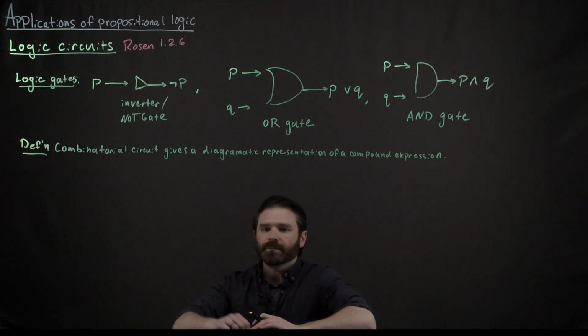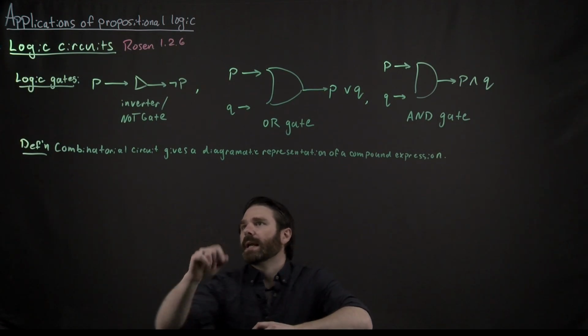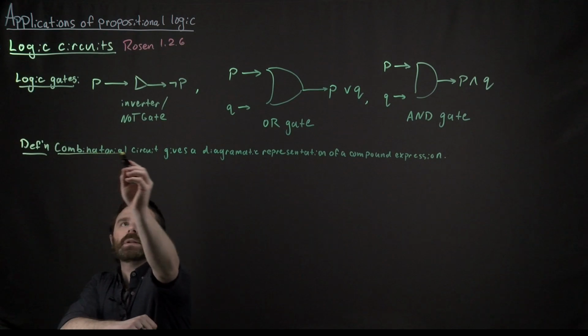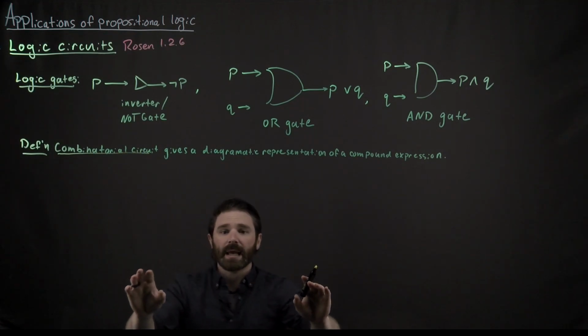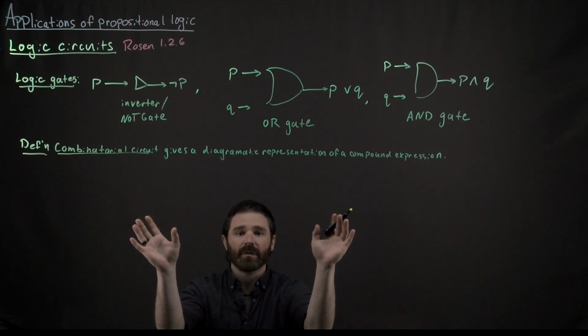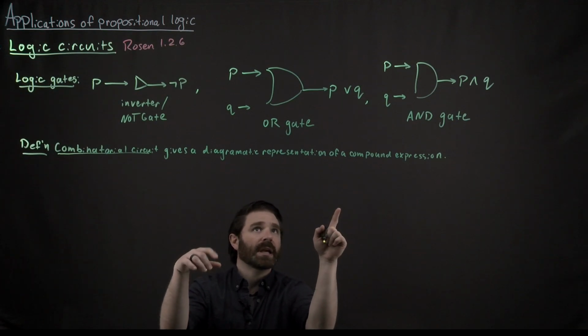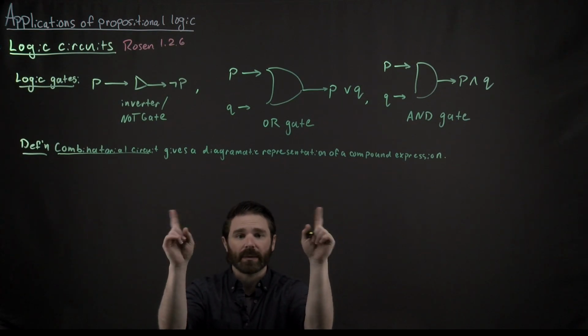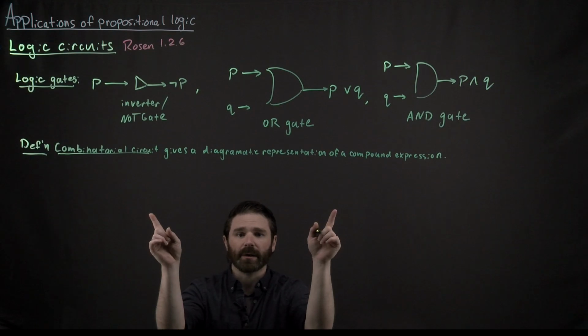So here, what I've written is that a combinatorial circuit is going to give us a diagrammatic representation of a compound expression using those sorts of diagrams that we are given right here.